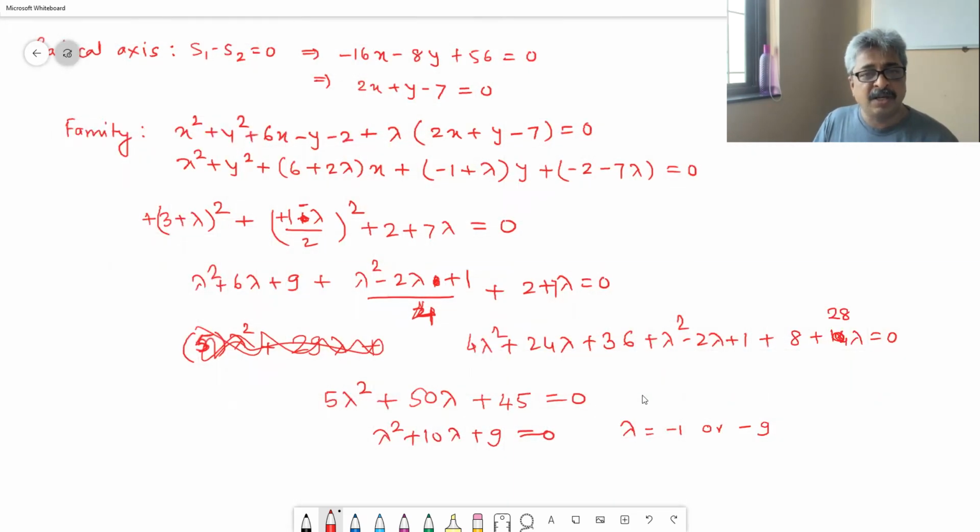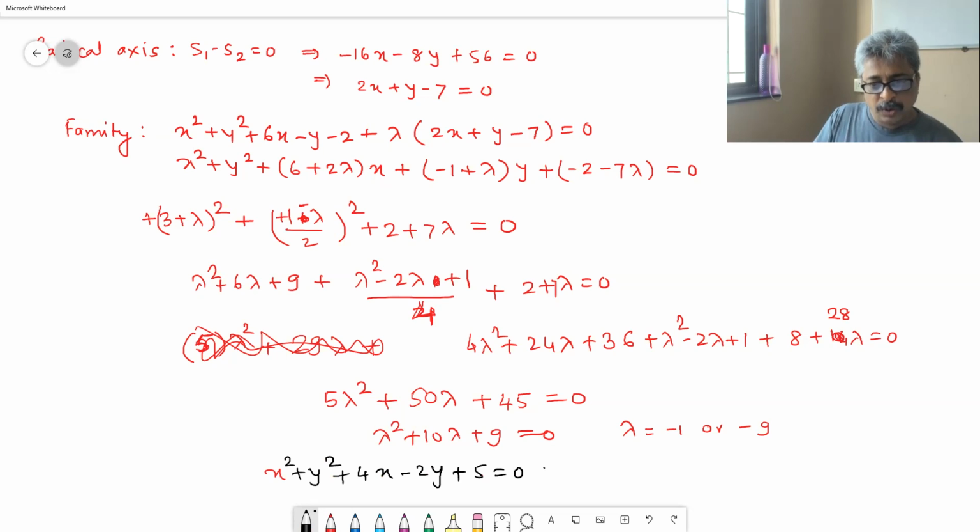Those are the point circles. Therefore, centers are going to be their coordinates. So if I put minus 1 in place of lambda, then I will get the first circle as x square plus y square plus 4x minus 2y plus 5 is equal to 0. And second circle, if I put minus 9, I will get x square plus y square minus 12x minus 10y plus 61 is equal to 0.